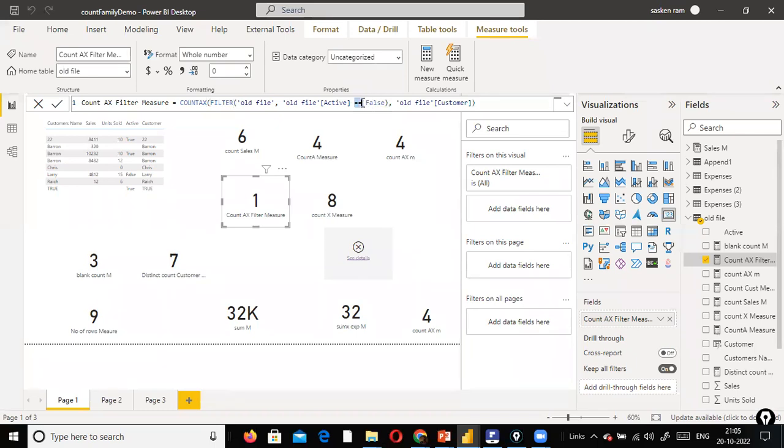The double equal sign is for the comparison operation, which means strictly equal to. What is the difference between a single equal sign and a double equal sign? The double equal sign is strictly equal to. In the case of the single equal sign, in any programming language, we use a single equal sign for assignment purposes.